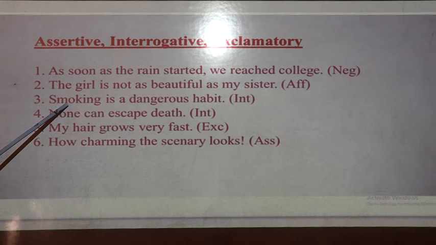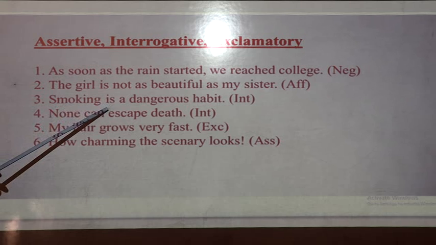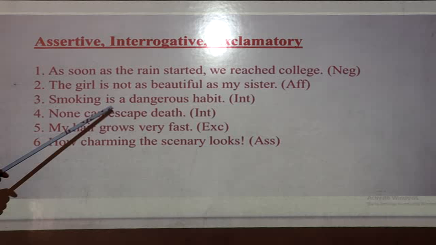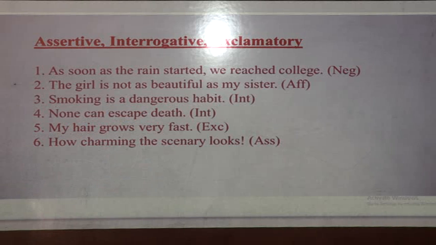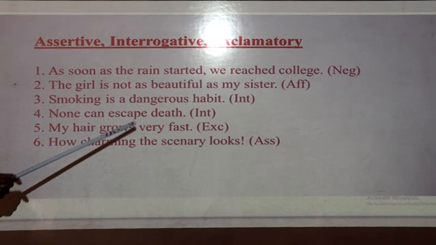And in order to make the meaning clear or same, we have to use not with this auxiliary verb. So we can write, isn't smoking a dangerous habit? We have to use interrogative sign. So the sentence is, isn't smoking a dangerous habit?